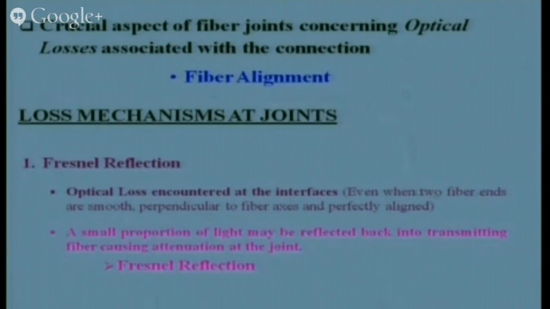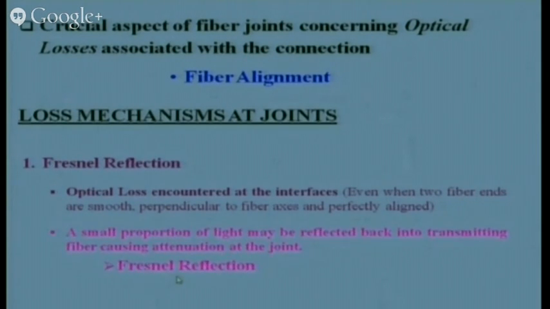Even when two fiber ends are very smooth, perpendicular to the fiber axis and perfectly aligned, there is still a Fresnel reflection because there is a change of refractive index. So a small proportion of light may be reflected back into the transmitting fiber, causing attenuation at the joint.